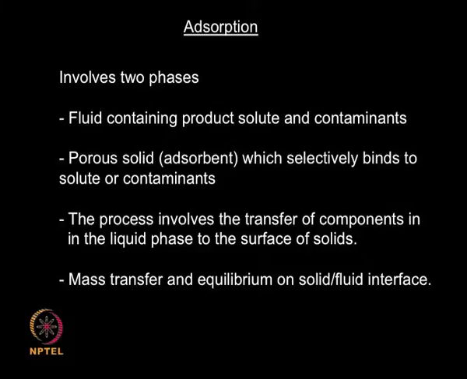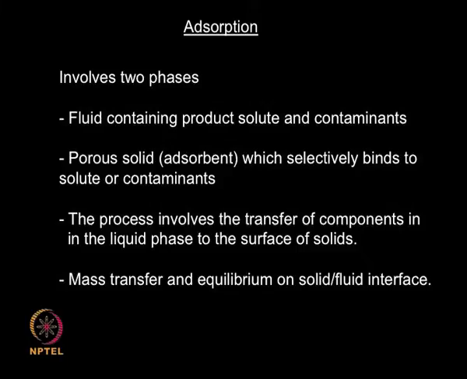So there are two phases in any adsorption process. It is a multi-phase process. You have the fluid containing your solute and other contaminants, that is, fluid means the slurry, and then the adsorbent, that is the porous solid which selectively adsorbs a contaminant or a solute. Okay.